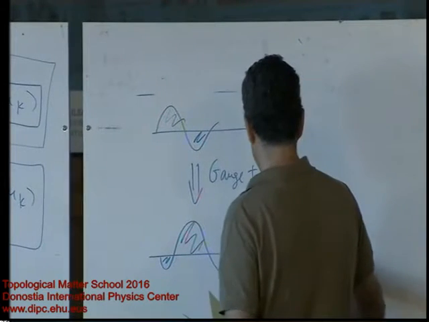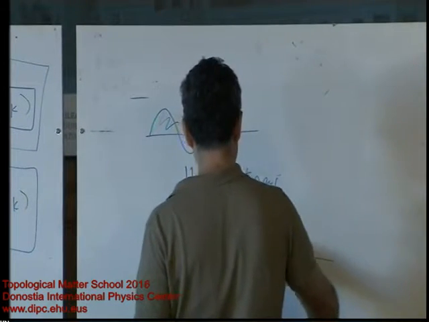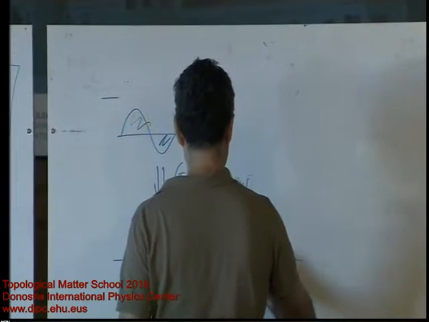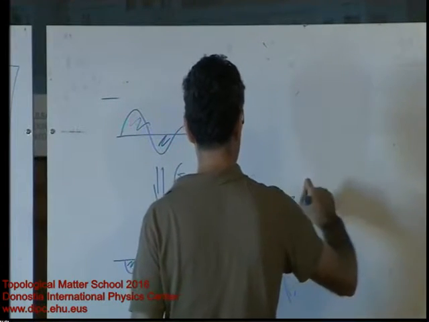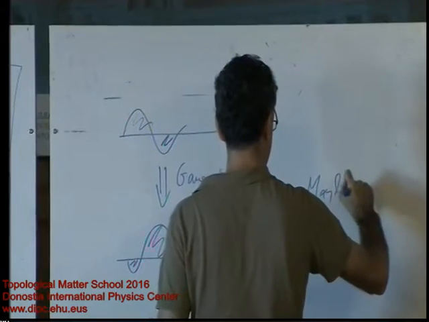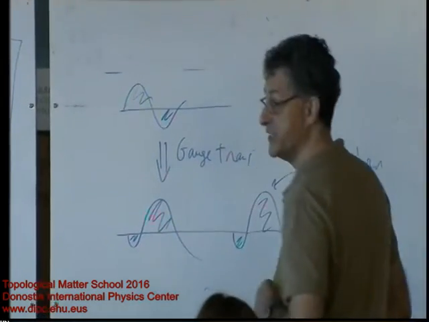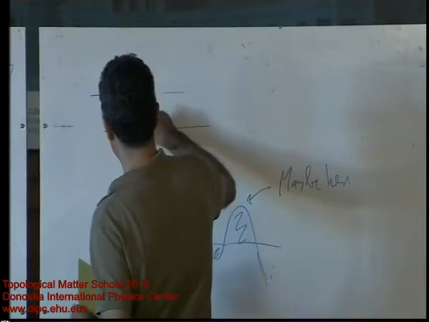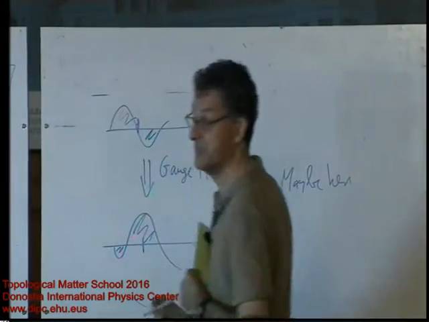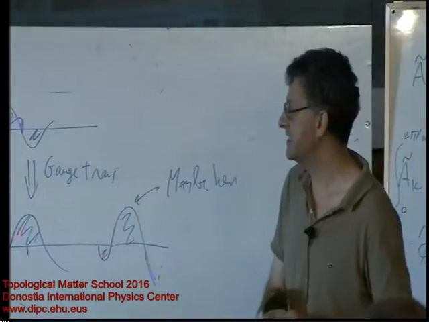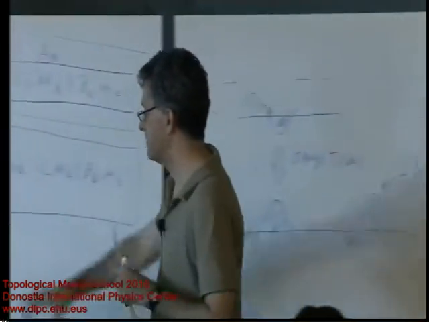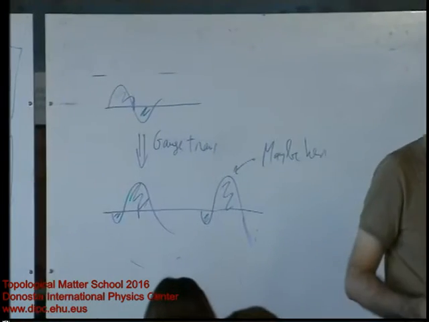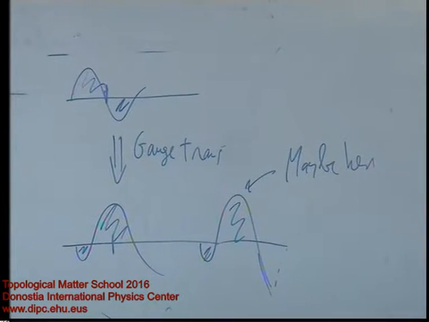But in addition to that, we may also have ended up maybe here, depending on the transformation. But this center is precisely the same as this one, okay? And that's the only thing that matters for the physical observable.